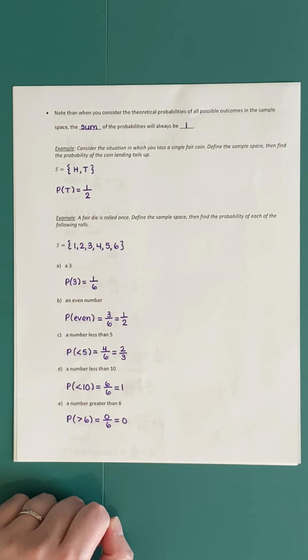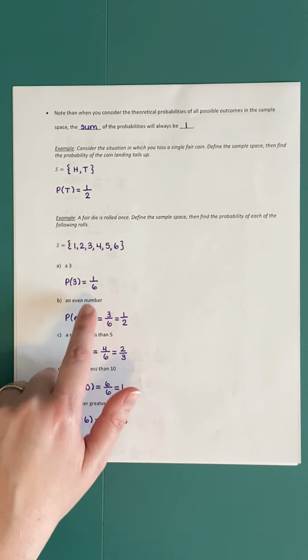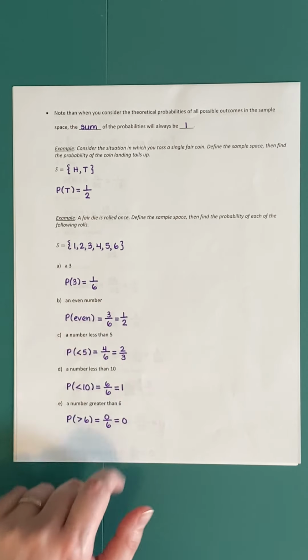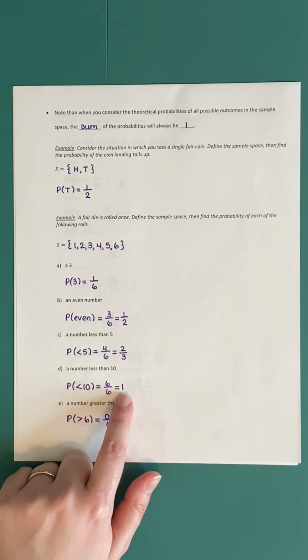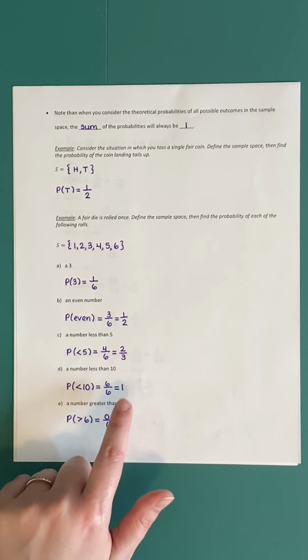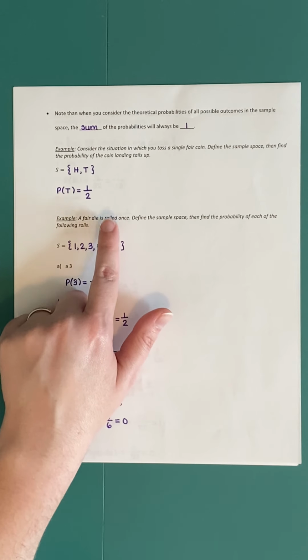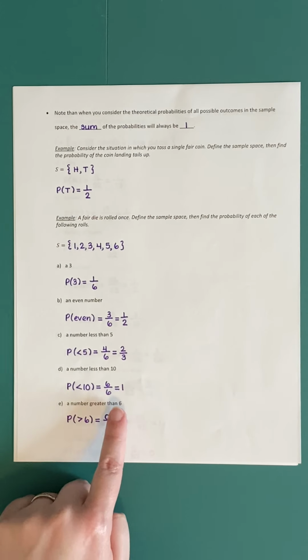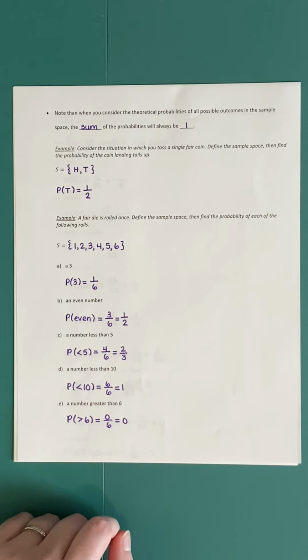From a practical standpoint, anytime we see a probability of exactly 1, notice the other probabilities we have so far are fractions that are less than 1. This probability is exactly 1. If we thought of that as a percentage, that's 100%. So what that means is that anytime we perform this experiment, we roll a die, it is guaranteed we are 100% likely to roll a number less than 10.